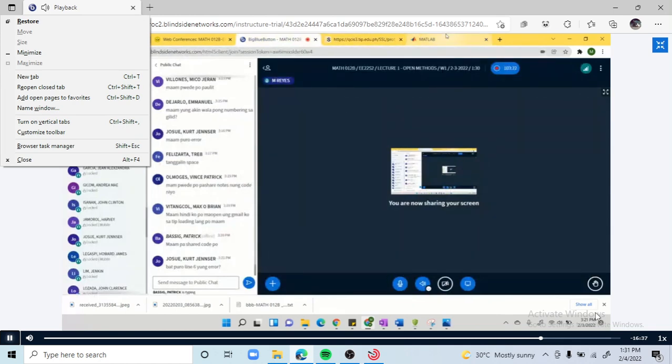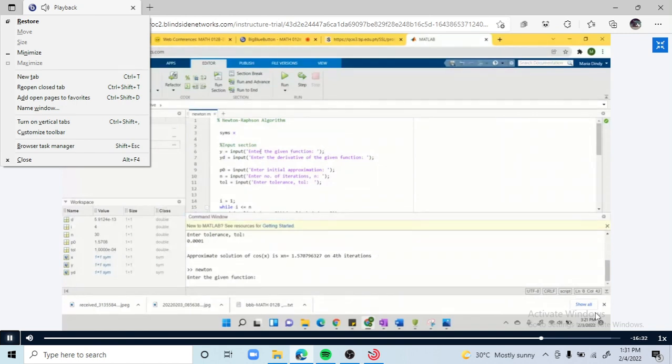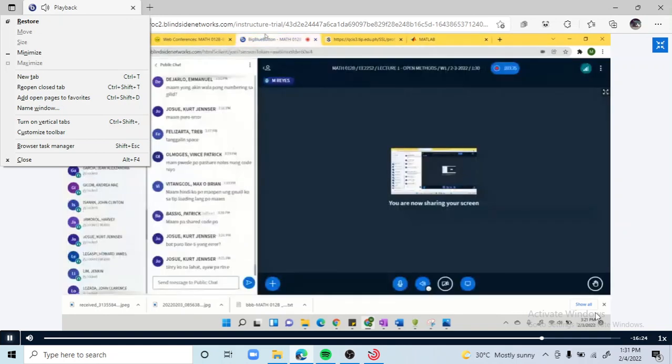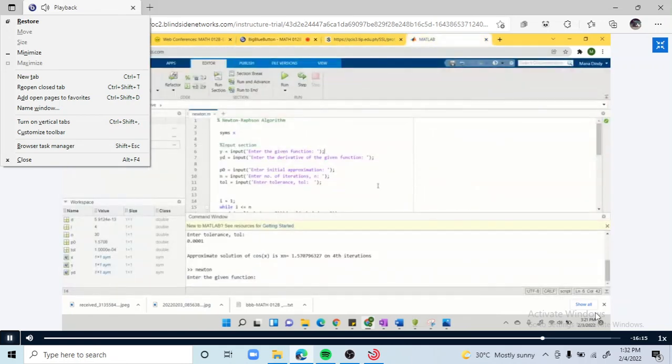Ba't puro line 6 yung error? Tingnan mo yung line 6 mo, iho. Baka meron kang error. Tinry ko na lahat, ayaw pa rin eh. Tingnan mo, kasi isang symbol lang mawala dyan, di yan papasok. Tingnan mo yung mga maliliit na symbols mo, yung apostrophe, yung semicolon.